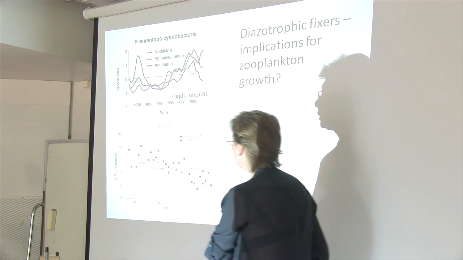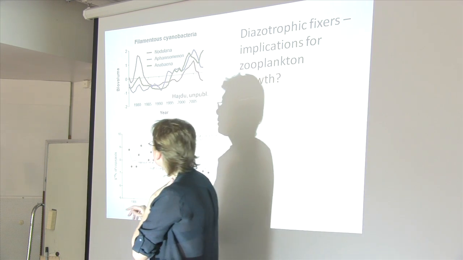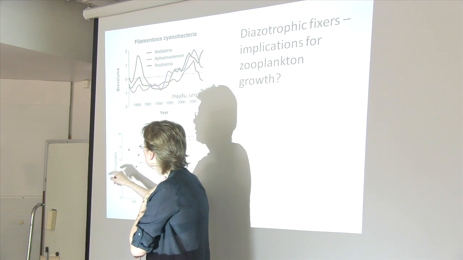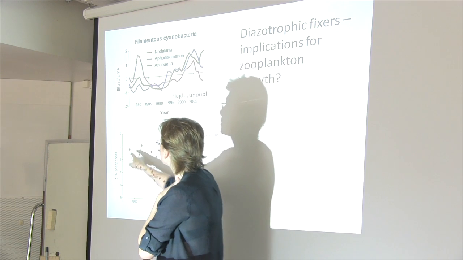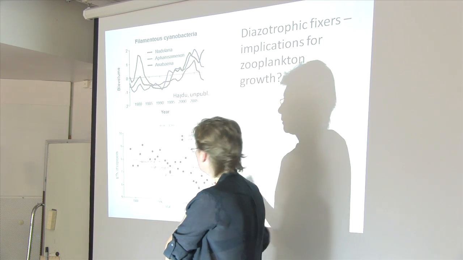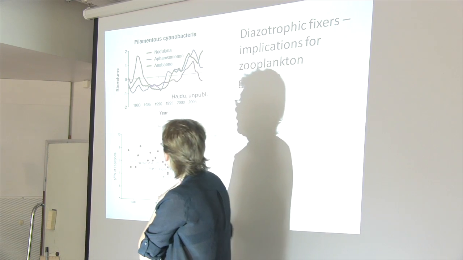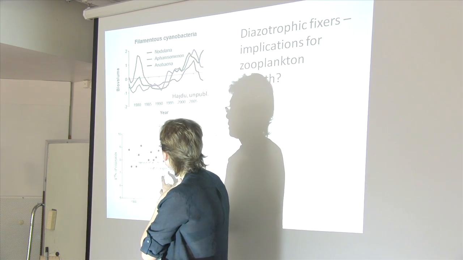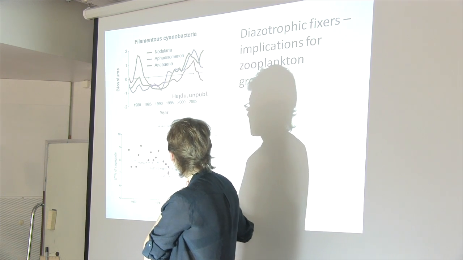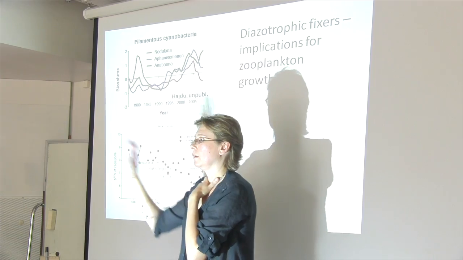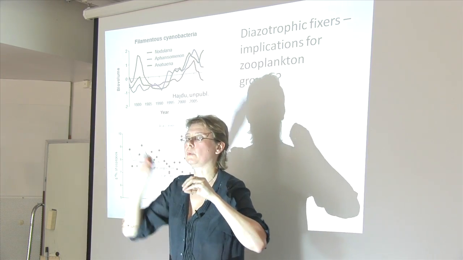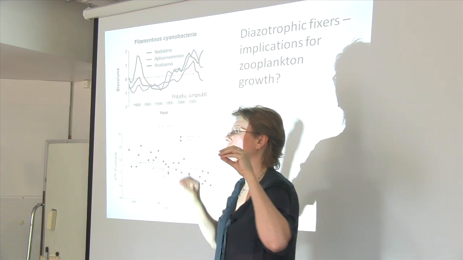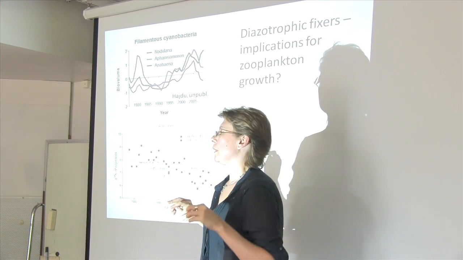At the same time, we have the stable isotope nitrogen-15 signature in copepods decreasing like this. And red dots here are not monitoring samples, but samples coming from independent research campaigns, when people just go there, sample zooplankton, analyze them fresh.